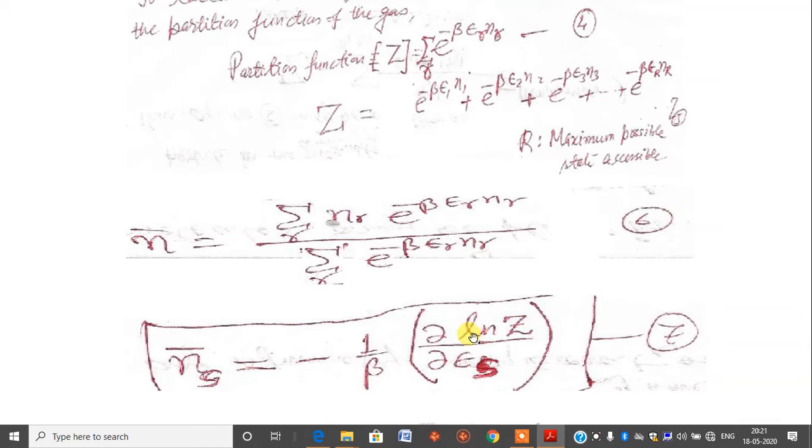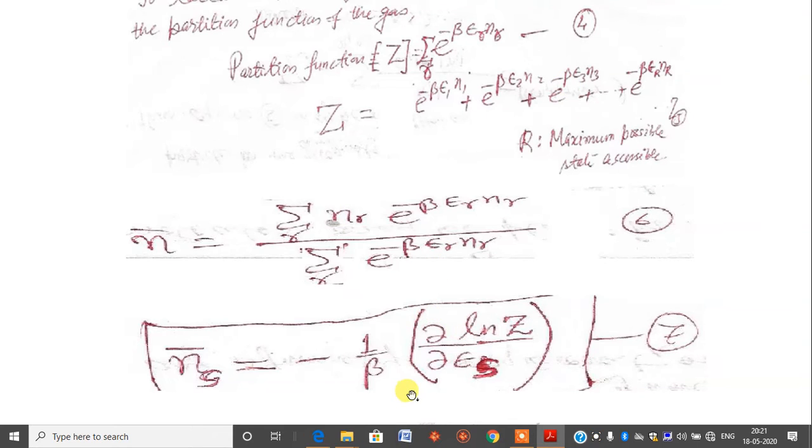Here we have taken the derivative of log of Z with respect to epsilon_s. Epsilon_s will be any of these values. Say epsilon_s is epsilon_3. When you take the derivative of the log of the Z function with respect to epsilon_3, what will you get?